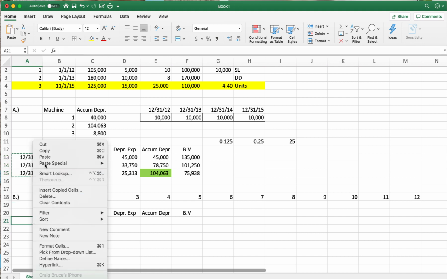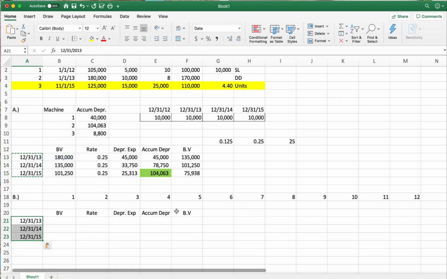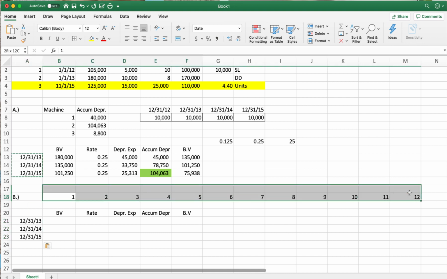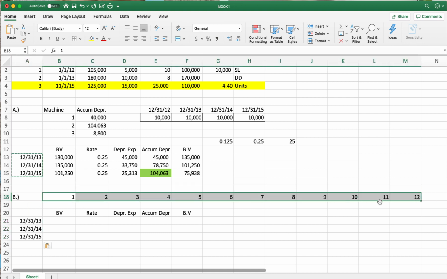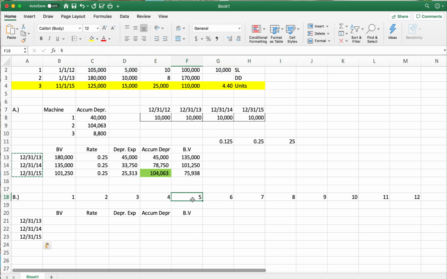And what we want to do is look at our table here, January through December. What we already figured out up here is that we get the whole year. Not the case in problem B. We didn't buy it on January 1st. We bought it right here on May 1st.